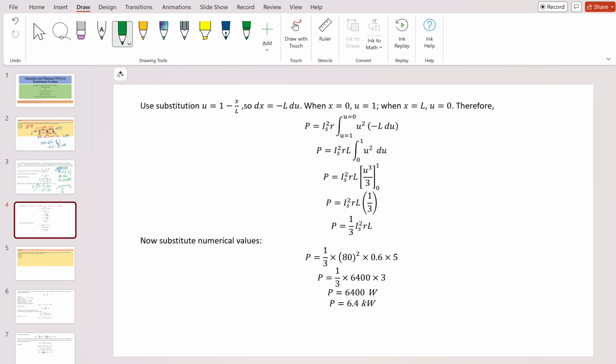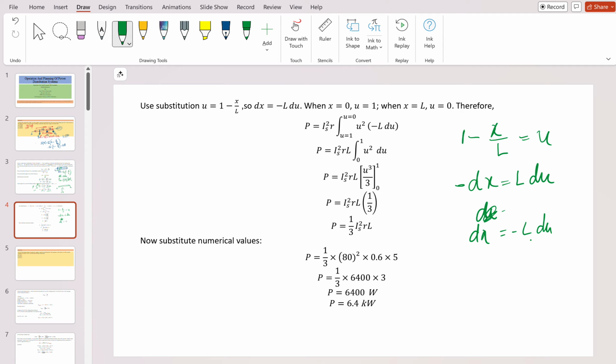Then, to integrate, substitute some values. Suppose 1 minus x by L is u. So minus dx by L is equal to du, and you can say that dx will be simply equal to minus L du. Put the value here and you will get a simplified value. Also, at x is equal to 0, u is equal to 1 minus 0 by L; put the value here and you will get 1.